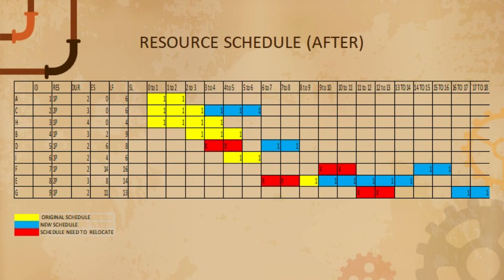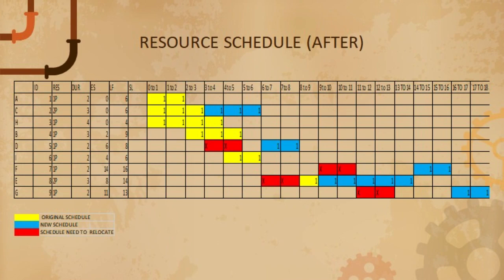Next, for activity F, E has to be completed first for F to proceed. So we need to reschedule the days for activity F. After the changes, F will start on day 15, which is after activity E has ended.